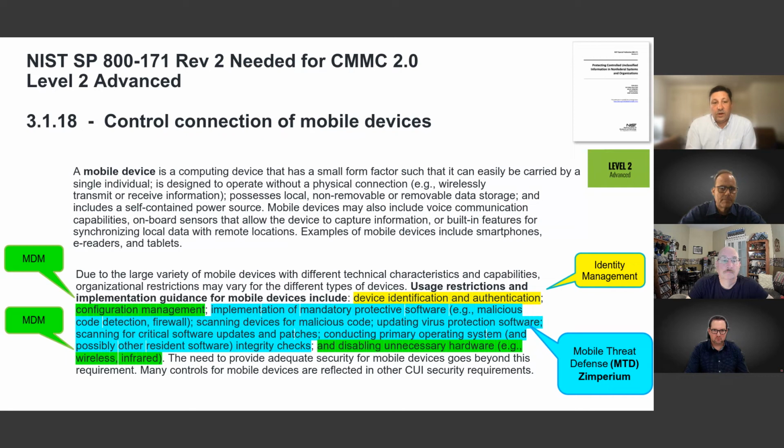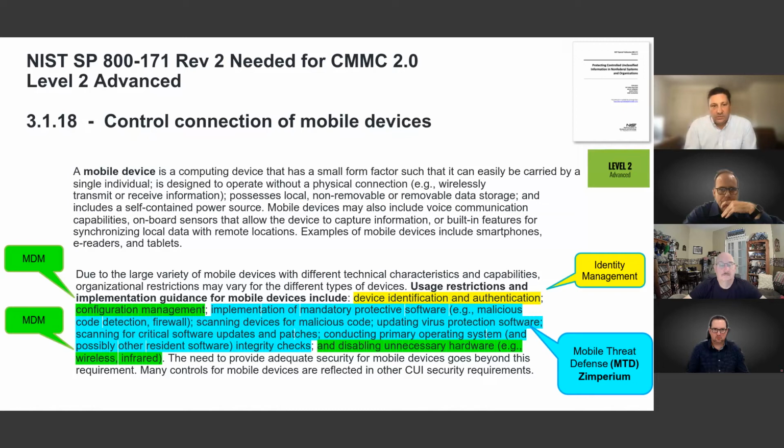And that comes around management, identity management, and also mobile threat protection. So specifically, mandatory protective software for scanning for malicious code. So that's the gap that we're trying to fill here, and understanding that we're working with the other vendors to integrate a solution that gives you that MITRE attack coverage.